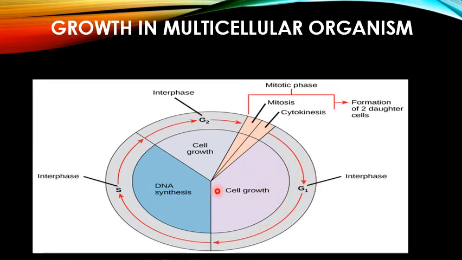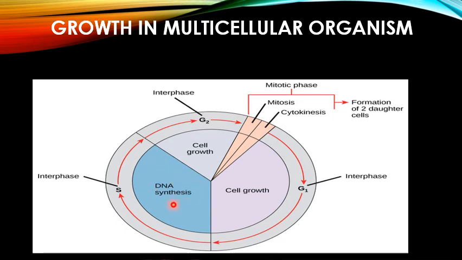The cell accumulates everything required for DNA synthesis: the chromosomal DNA, associated proteins and so on. This is called a gap phase because nothing else happens, only accumulation for the further process, that is, to enter the synthesis phase, which is the DNA synthesis phase.